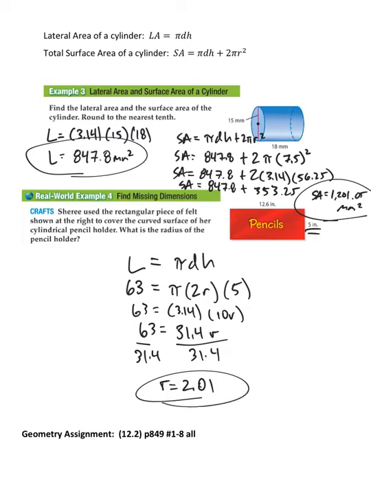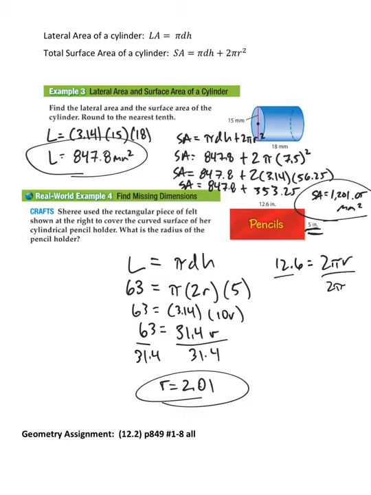Okay, radius 2.01. Guys, that is one way to do it. There might have been some of you who were second guessing on that one. If you also remember, as I described, 5 was the height, so 12.6 equals the circumference, 2 pi r.